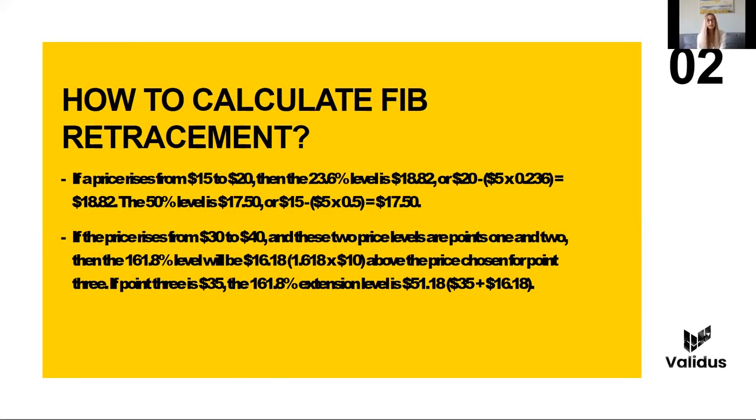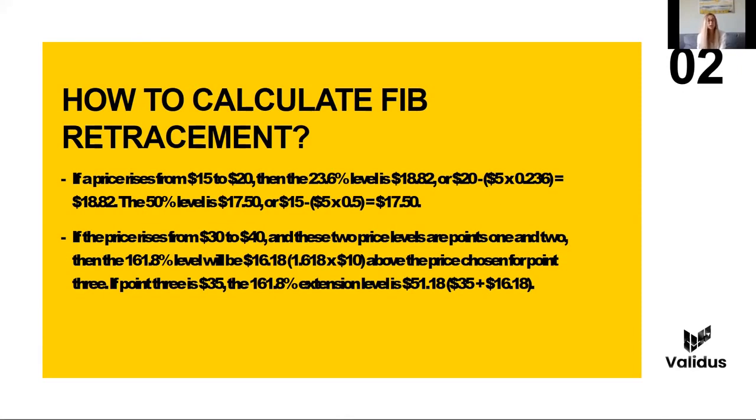It is calculated when you multiply the $10 difference between $30 and $40 with 1.618, so this will be above the price chosen for point 3, because it is an extension.